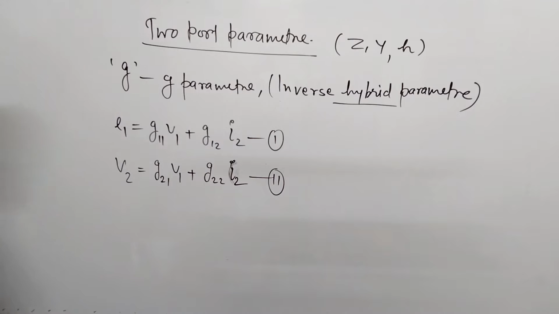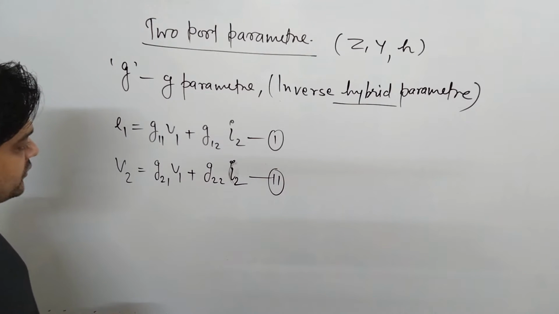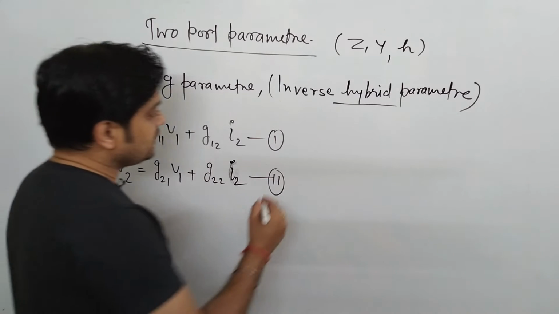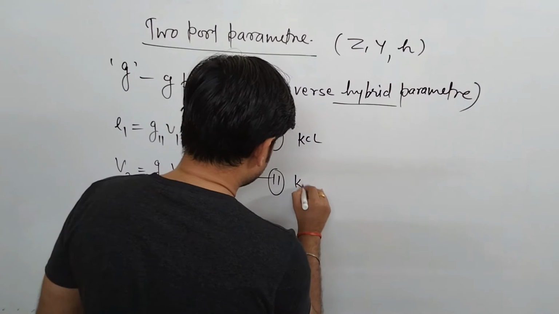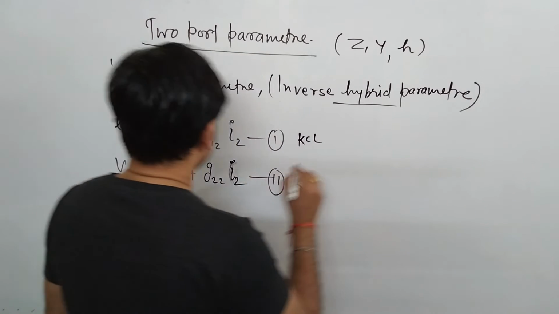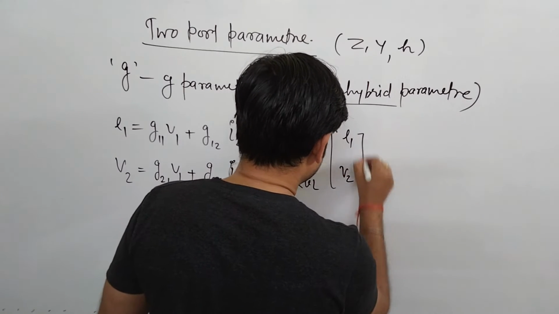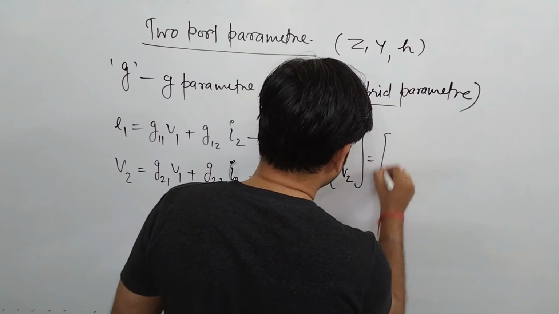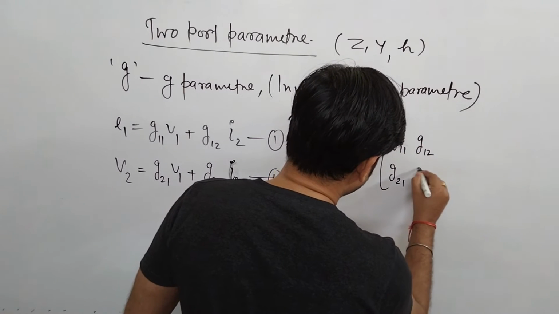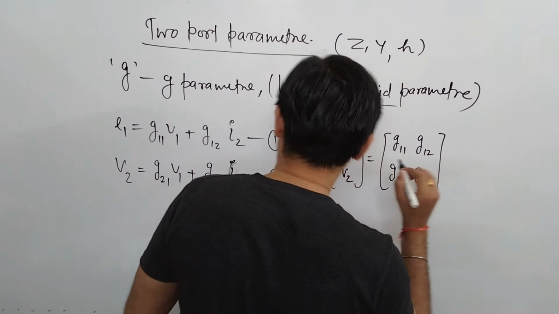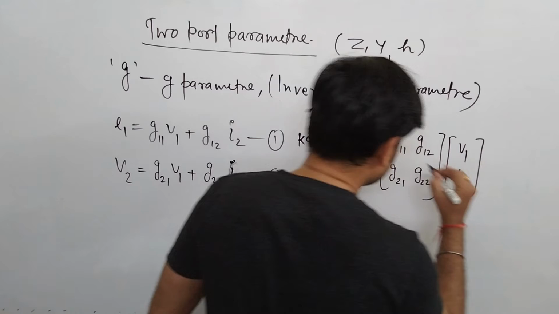So I1 is equal to G11 V1 plus G12 I2, and V2 is equal to G21 V1 plus G22 I2. This is your KCL equation and this is your KVL equation. Now if you write it in matrix form, that comes to be I1 and V2 equal to the matrix G11 G12 G21 G22, times V1 and I2.